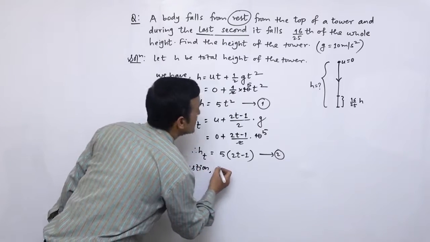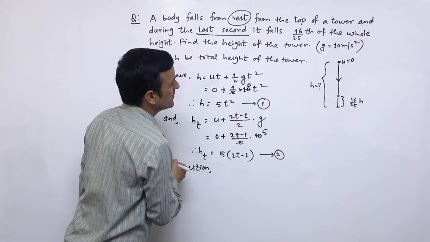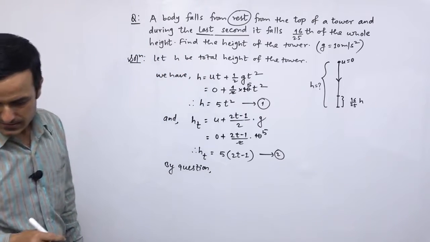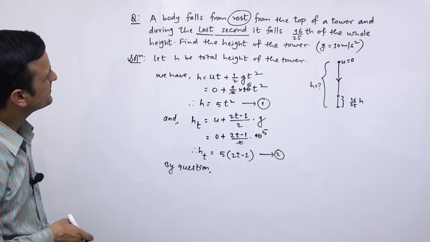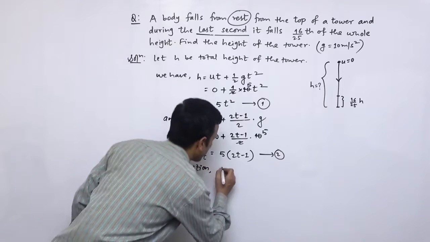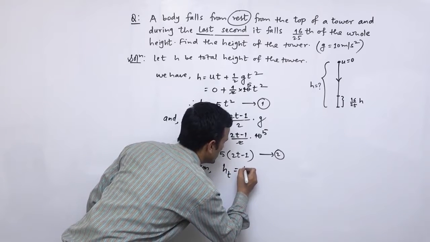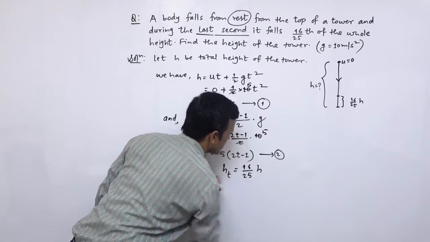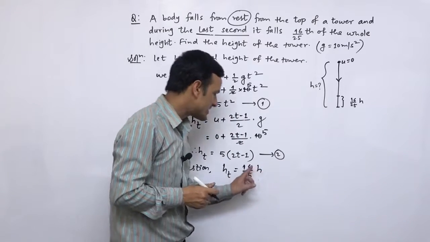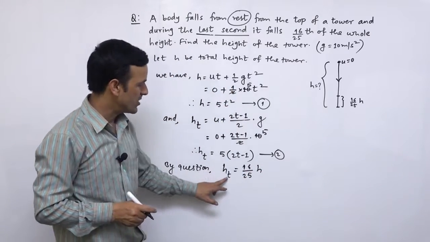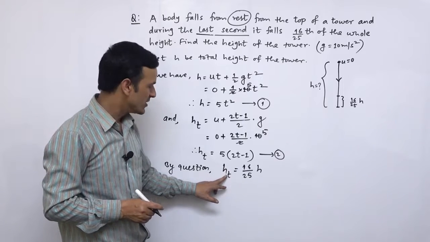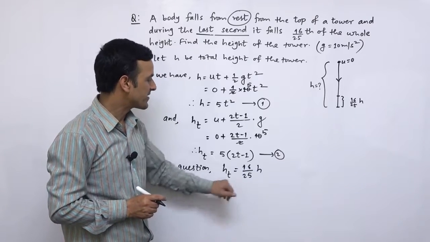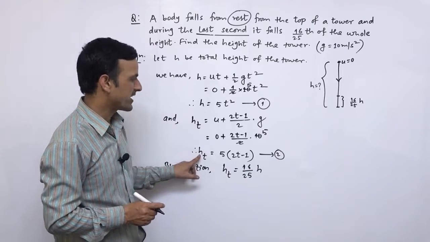So S_t is equal to the distance covered by that body, H_t is equal to 16 by 25 of H. Total height को 16/25 height भनेको हाम्रो लास्ट सेकेन्डमा कभर गरेको हाइट हो. सो H_t भनेको 16/25 H दिएको छ. सो यो आधारमा हामी चाहिँ अब यो H_t को भ्यालु लगाएर यहाँ राख्न सक्छौं.